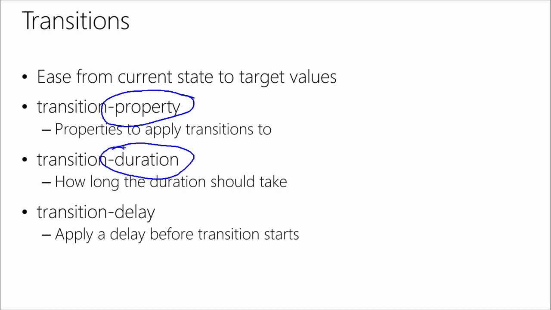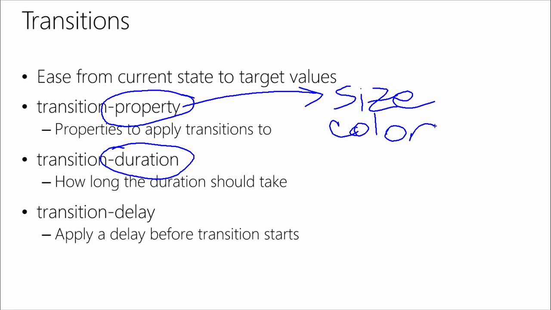So I can still go in and set the exact same key value property. So I can still say background color: yellow, or I can still say size: and then whatever it is. So I can still go in and do all of that just like I would with normal CSS. And then I just come down here and I say, all right, well, I want to apply that transition to that size property, or to that color property, or whatever else it is that it might be.